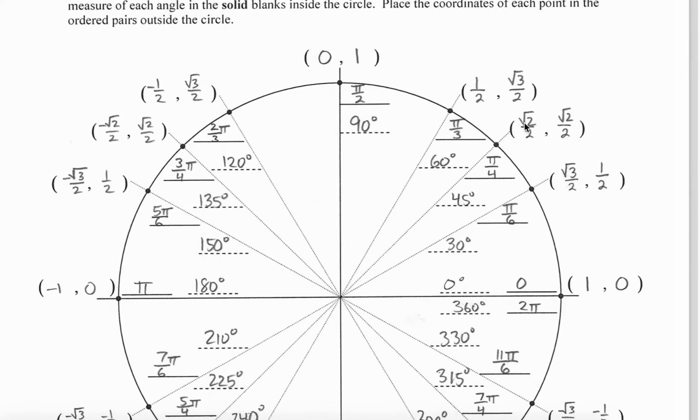So that must be the square root of 2 divided by 2. In the 45, 45, 90, our side lengths are equal. It's an isosceles right triangle. So if the x length here, or x coordinate, is square root of 2 over 2, then the y coordinate, or vertical length here, would be the exact same. So that's how we're able to get those coordinates.